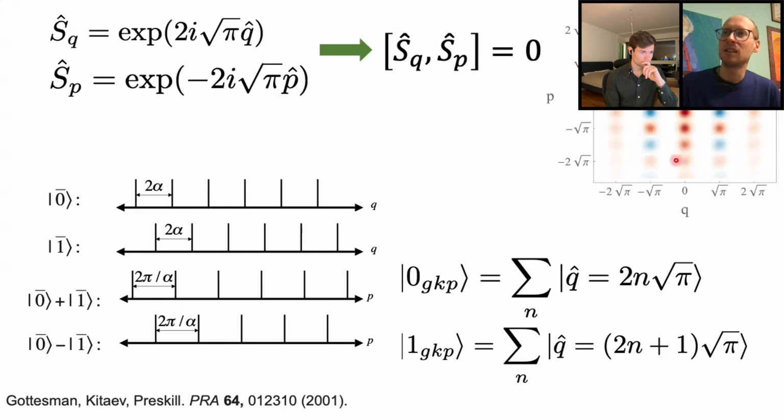So if you take this object, which is a function of both Q and P, and integrate out P, meaning you take the marginal over P, you should get exactly the state along the Q axis that is described by these equations.